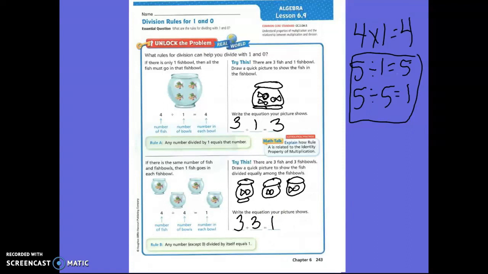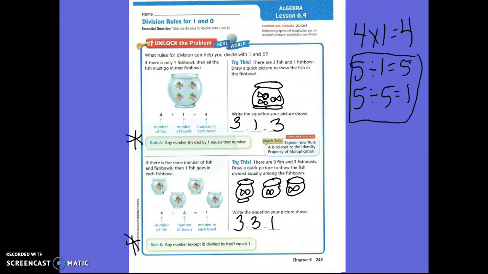Okay, so rule A for dividing with 1: any number divided by 1 is going to be that other number. Rule B, when dividing with the same number, the answer is going to be 1.